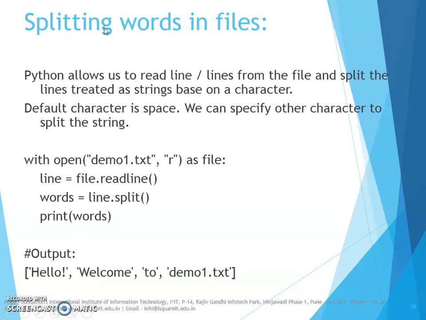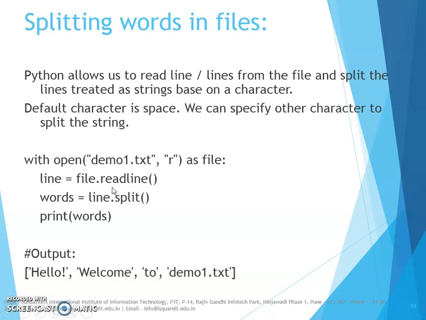So the next point is splitting the words from the file. Python allows us to read a single line or multiple lines from the file and split those lines by a given character. The default character is considered a space, and we can specify any character to split the string. So here we are opening it by using the with keyword, and we are reading a line.